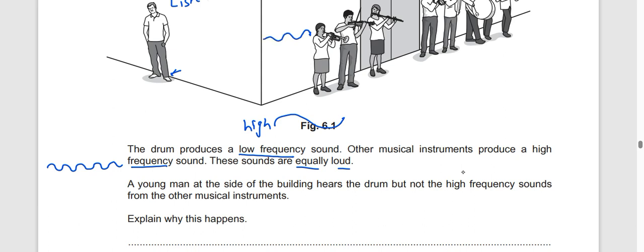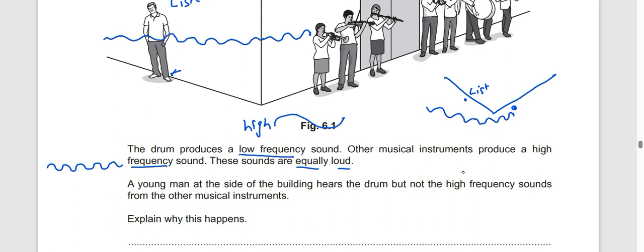And when this sound is diffracted from here, it will be diffracted with a lesser angle, so it will move with a lesser angle. If I consider this is the point from which the sound is coming, and this is the point for the listener, the sound coming from here will be diffracted a little less, and the person is over here, so he will not be able to hear the sound.